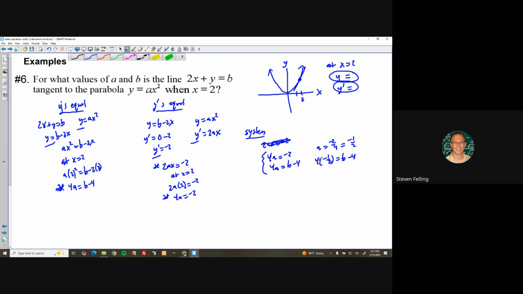So that's going to be a negative 2 has to be b minus 4. If I add 4 to both sides, I'm going to get that 2 equals b. So it looks like the magic numbers here are, if a is negative 1/2 and b is 2, then this line and this parabola will be tangent to each other at x is 2.